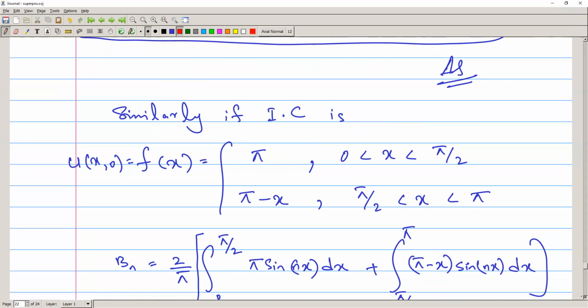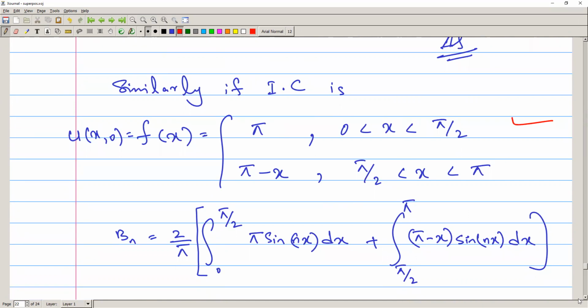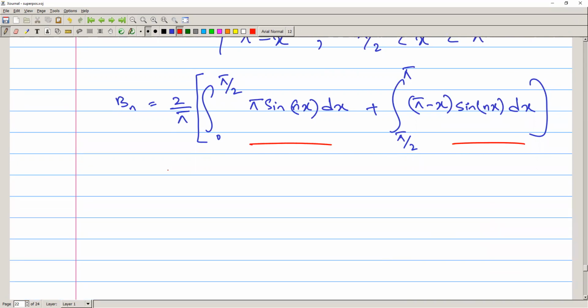And similarly, we can be given an initial condition in a piecewise form, right? So we know how to solve this piecewise function, how to generate the Fourier series. We will integrate this piecewise and we will get the bn, whatever the bn will be, we will place here, right?